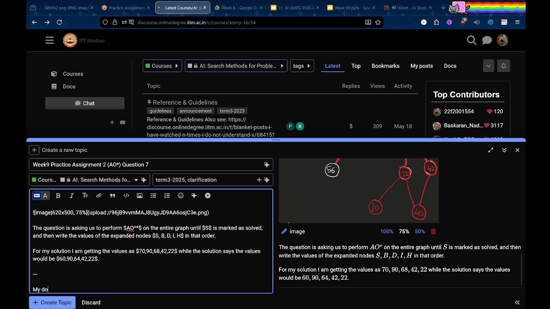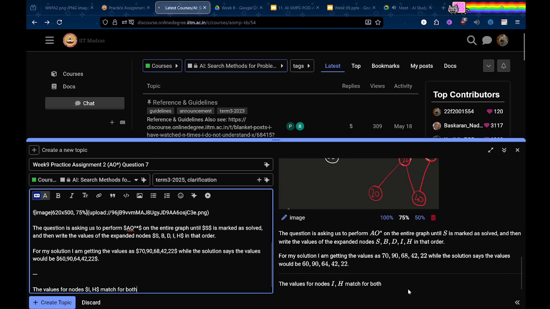My doubt here is that the values for nodes I and H match for both my solution and the correct solution.